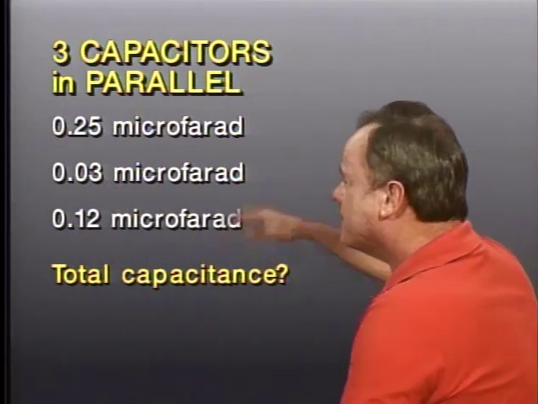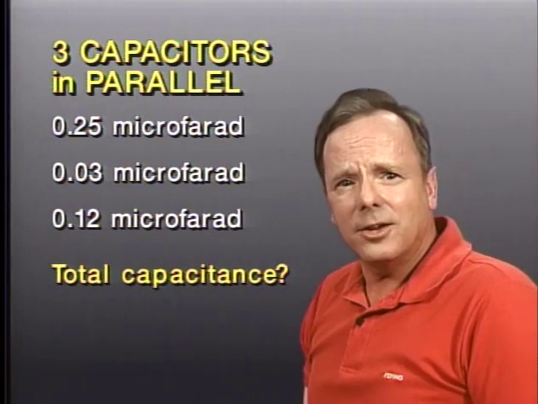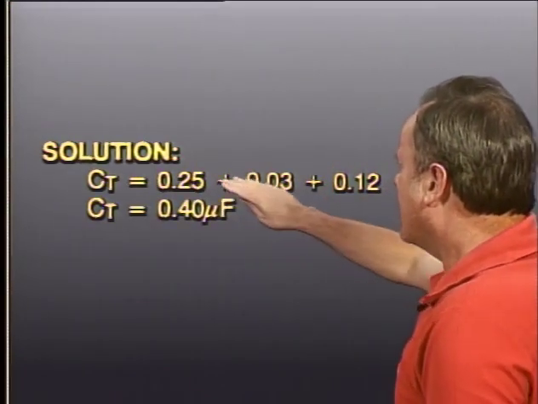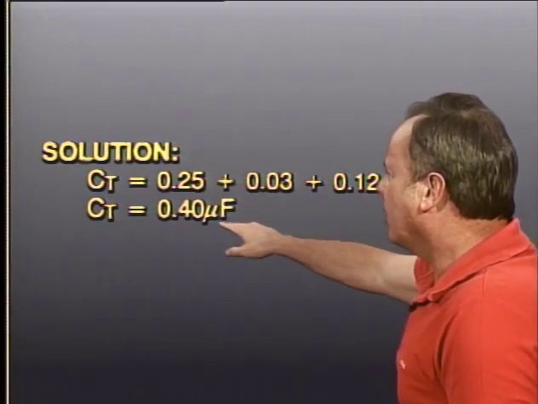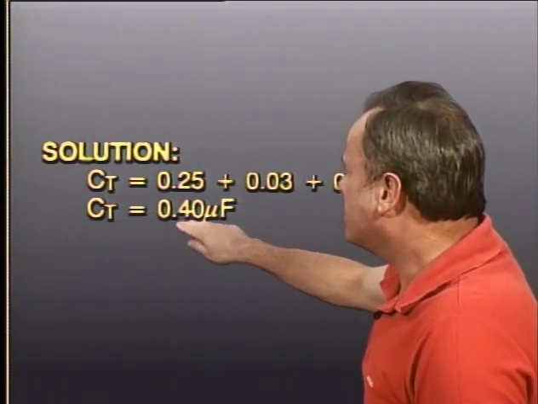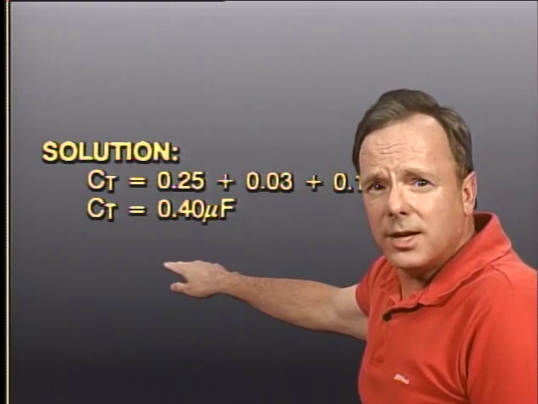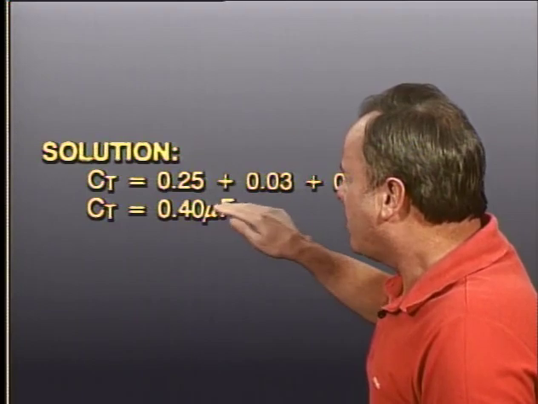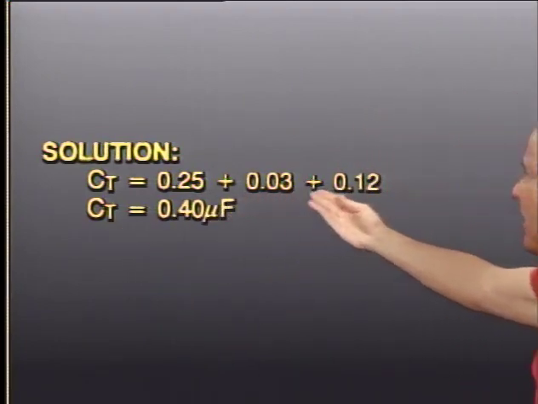What's the total capacitance? Well, this is easy. Even I can do this. You just simply add them up. So the total capacitance is the sum of all of them. You do that with your electronic calculator, and you get 0.40 microfarad. Once again, you don't need to memorize these formulas. They will give them to you. But for capacitors in parallel, just add them up like that.